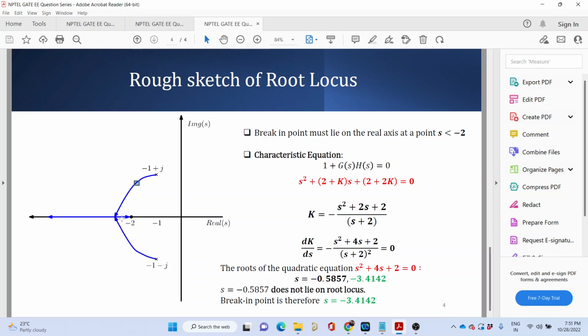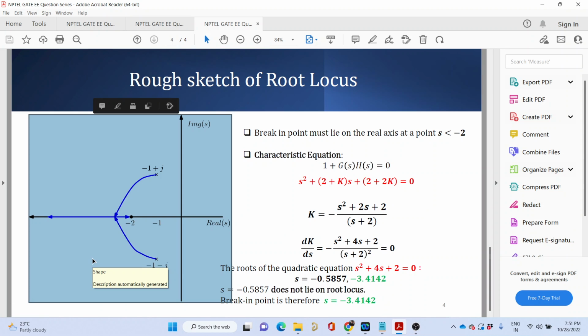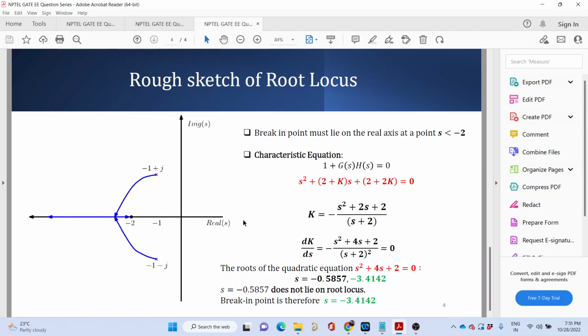You find there will be two closed loop poles on the real axis. Maybe for k equal to suppose 20, you would get a pole over here and another pole over here. Two real poles means it is an overdamped system.